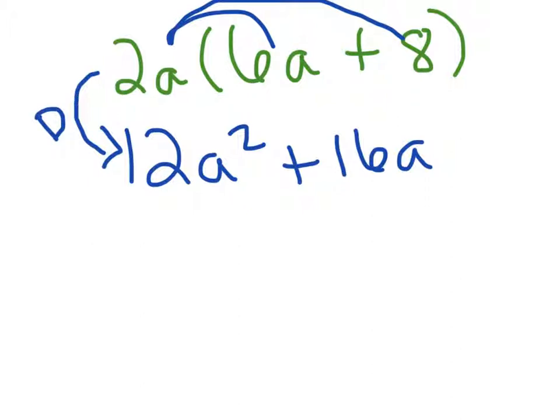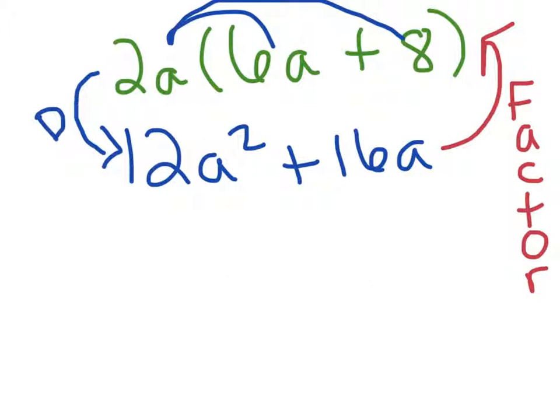And it's actually when we go this direction that we factor. So we use the concept of the distributive property to help us think through factoring, but distributing and factoring are actually opposites. One goes this way, the other goes this way.